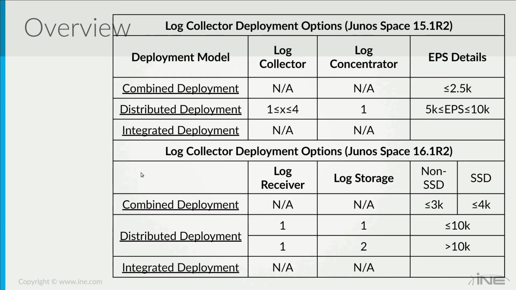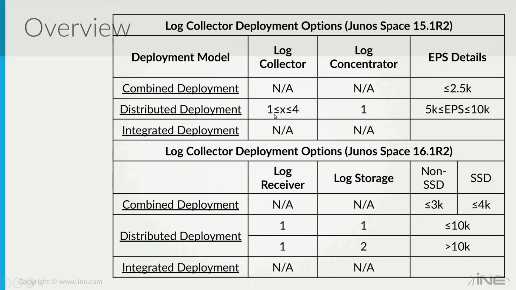Let's look at a specification sheet for log collector deployment options under Junos Space 15.1R2 and Junos Space 16.1R2. For Junos Space 15.1R2, we have three deployment models: combined deployment, distributed deployment, and integrated deployment. For combined deployment, we can achieve an EPS rate of around 2.5K.